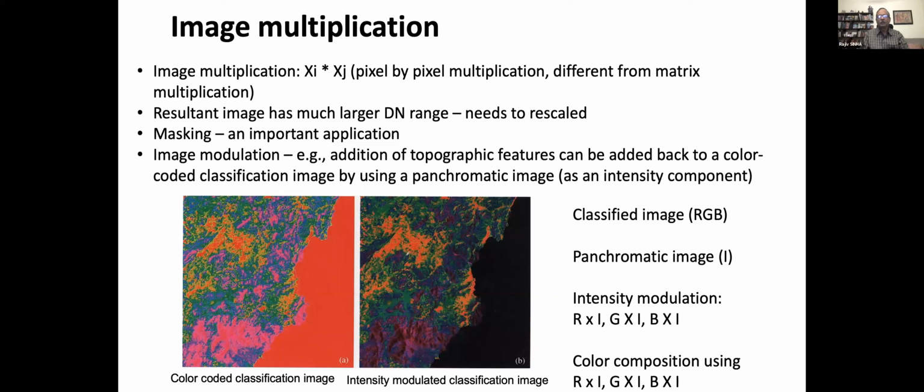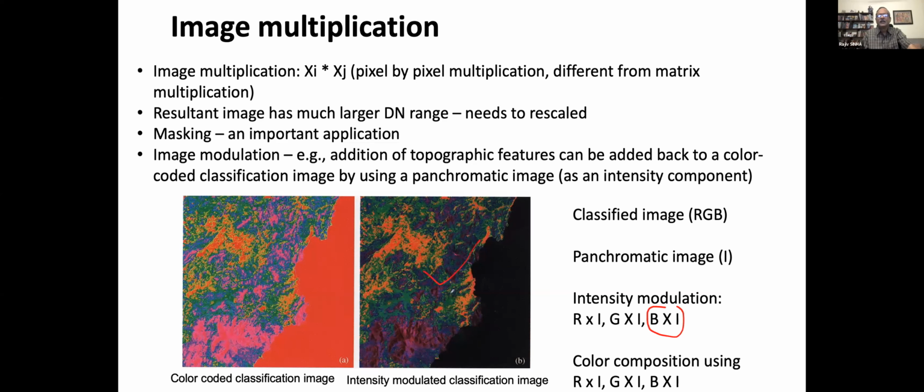So here, you can see the color-coded classified images, and then the intensity modulated images as well. Basically, we had a classified image and a panchromatic image, and we used them in intensity modulation. We multiplied the classification image's red band with the panchromatic image, R into I, G into I, and B into I, and then combined each of these images into a color composite, which is what you see here.